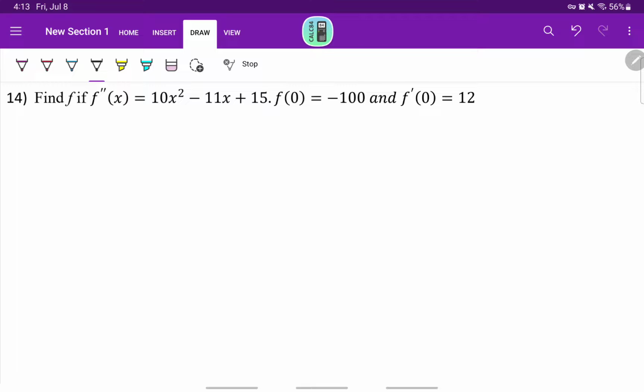I'm going to be using the power rule of antiderivatives. Let's write that down. Power rule of antiderivatives.